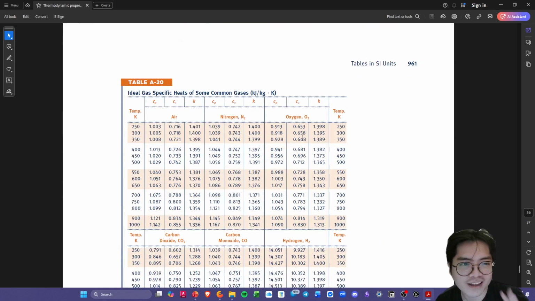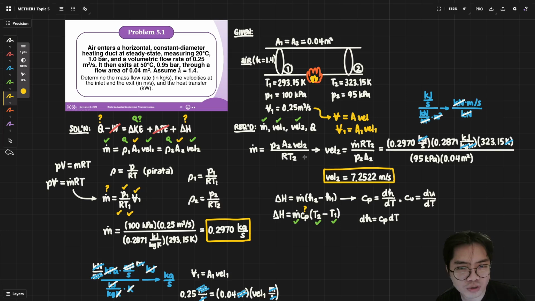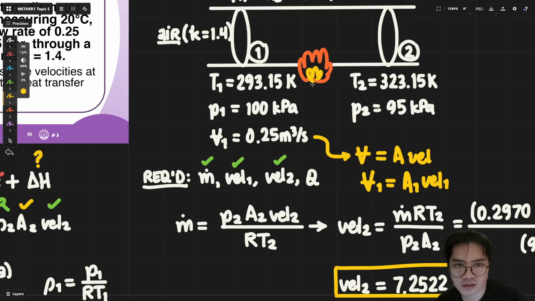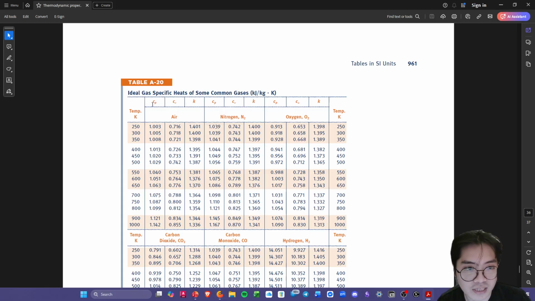We're here, table A20. This is the table that you need if you're dealing with ideal gases. If you're a by-the-book person, what you will think is that there are two different temperatures, 293 and 323. What I've told you guys to do back in topic 4 was that to get the Cp, Cv, and k, notice there's a Cp, Cv, and k for air at different temperatures.